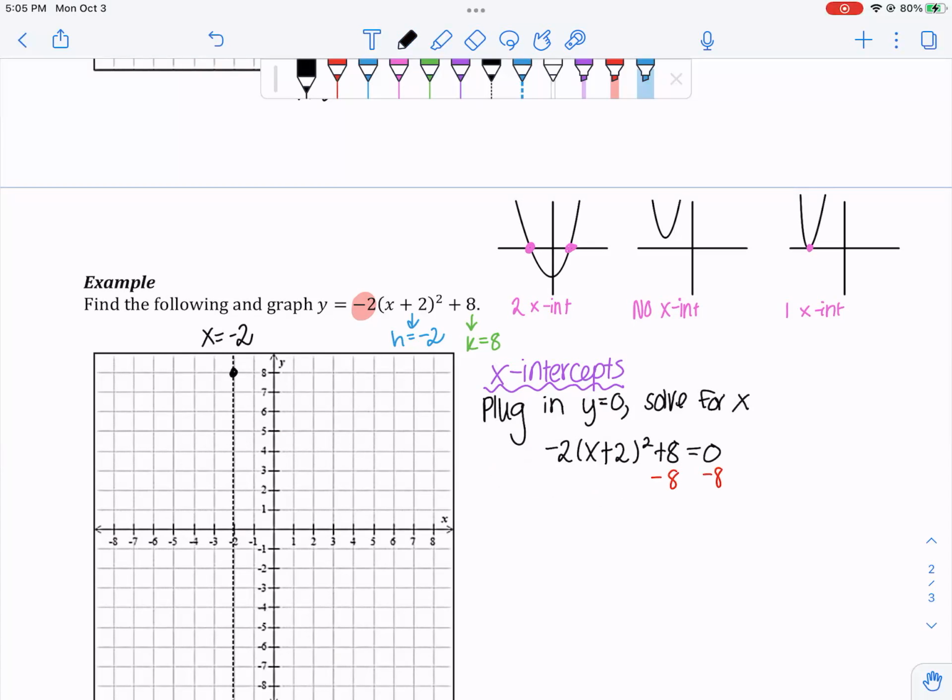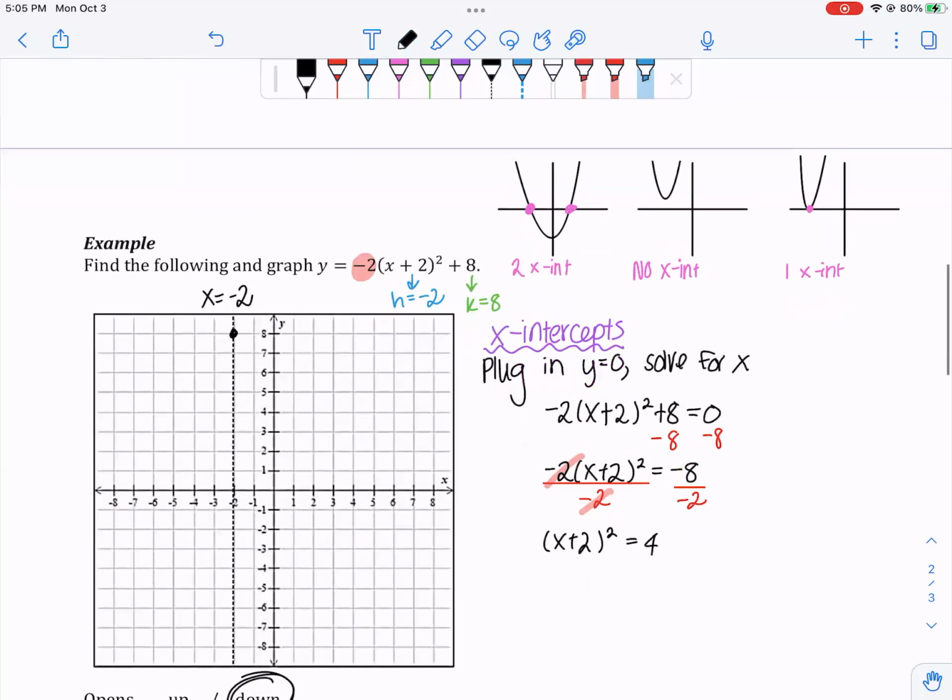So I'm subtracting 8 on both sides. That gives me -2 times (x plus 2) quantity squared equal to -8. I'm going to divide both sides by -2 to get the (x plus 2) squared alone. So these -2's are canceling. We get (x plus 2) quantity squared is equal to +4.